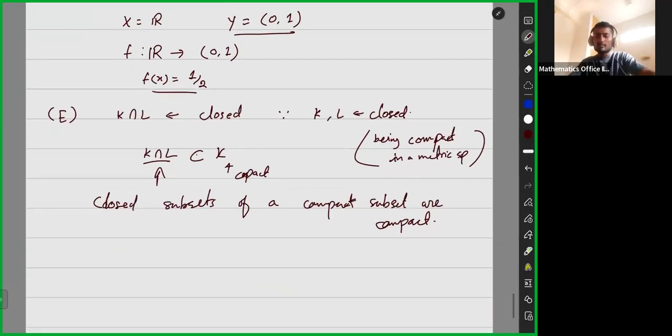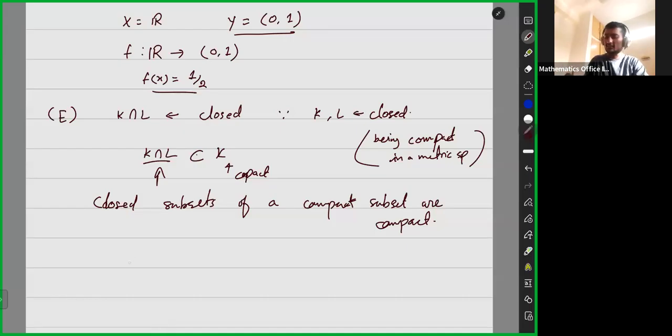About union it is true, just because any open cover of the union, after restricting, will be an open cover of K and also an open cover of L. And both K and L are compact, so both give us finite subcovers, maybe 100 open sets for K, 200 open sets for L. We take all these together, 300 open sets will cover K union L. So this way the union is also right.